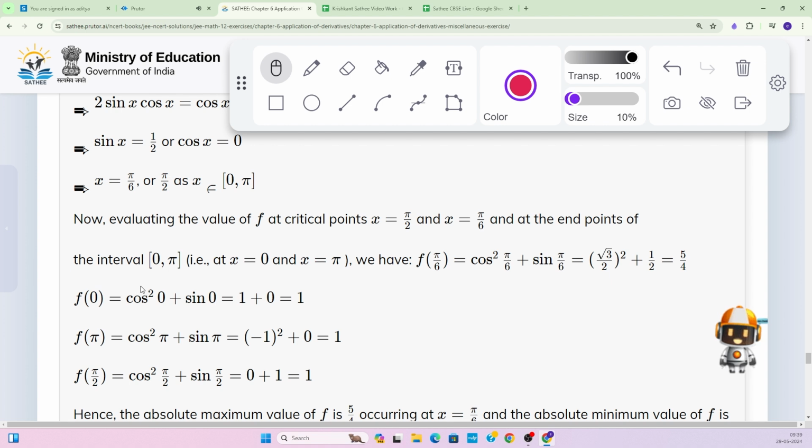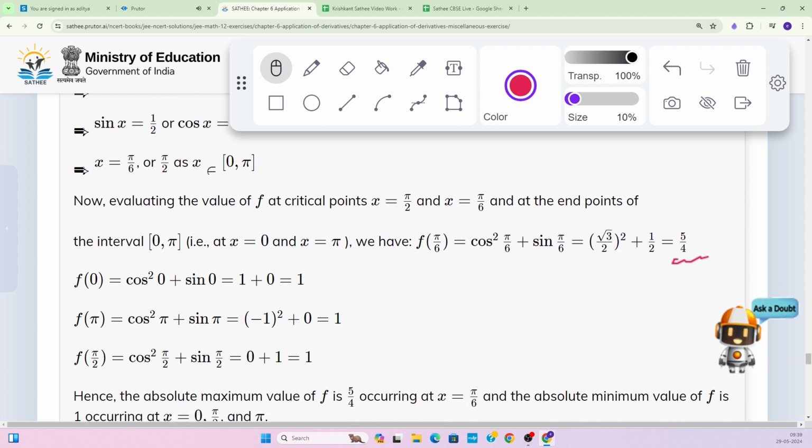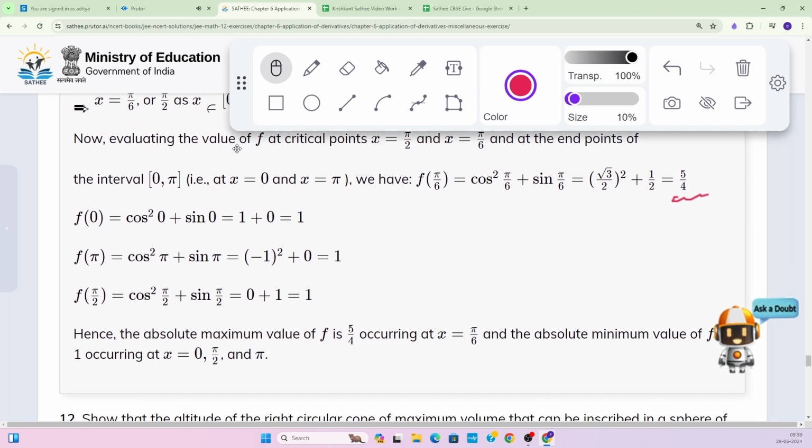Now find the values. f of pi by 6 will be 5 by 4, f of 0 will be 1, f of pi will be 1, f of pi by 2 will be 1. As you can see, your maximum will be 5 by 4 occurring at pi by 6, and your absolute minimum will be 1 occurring at 0, pi and pi by 2.